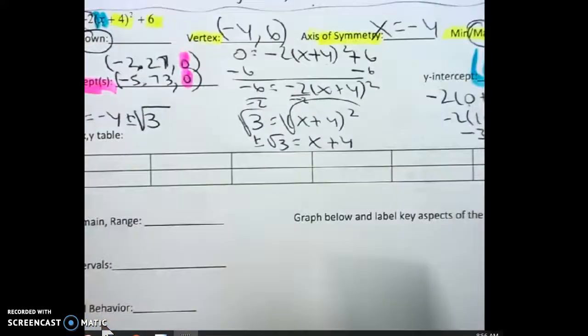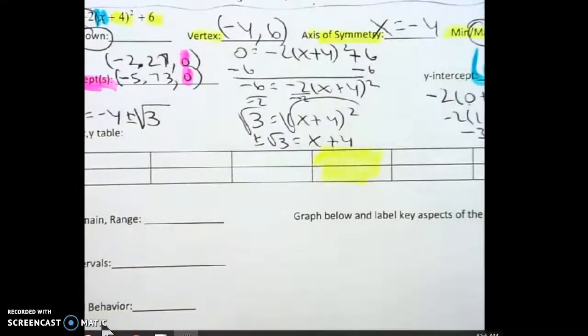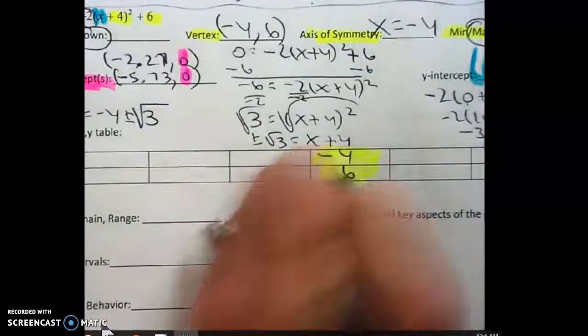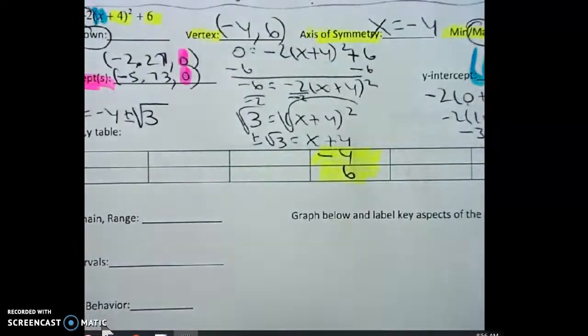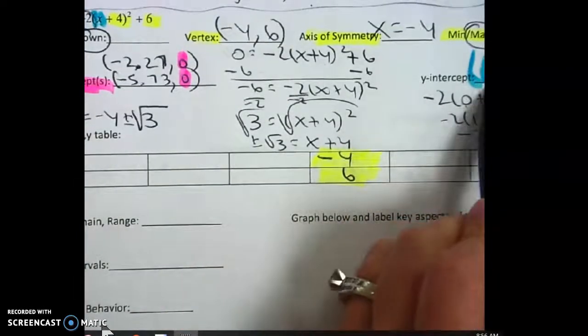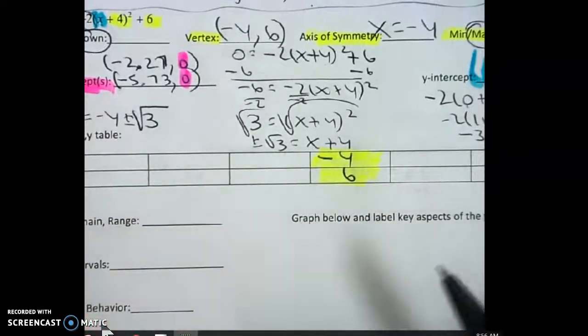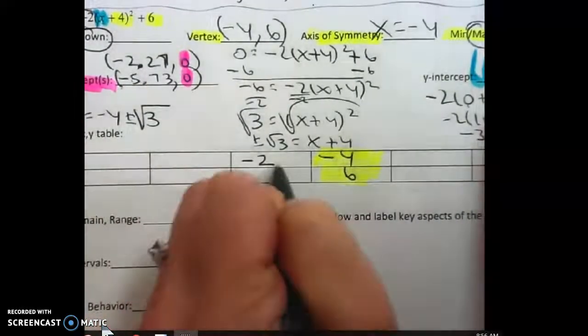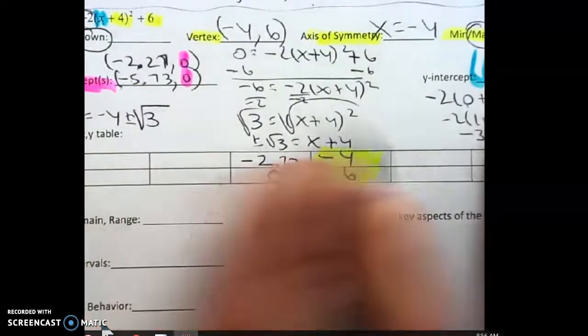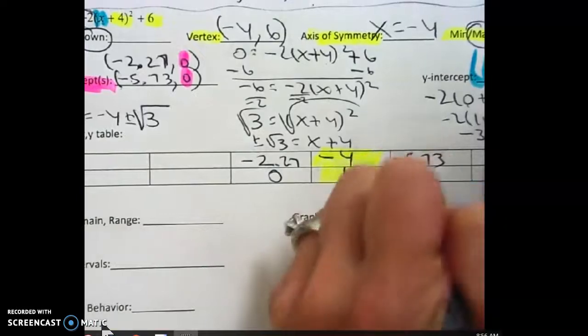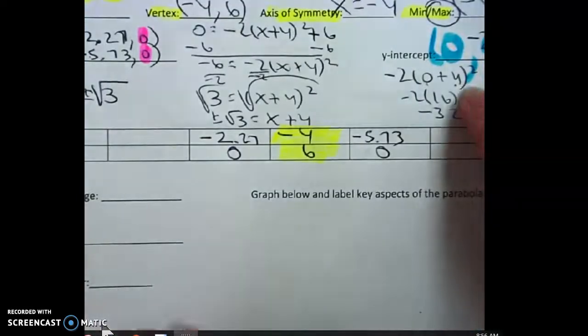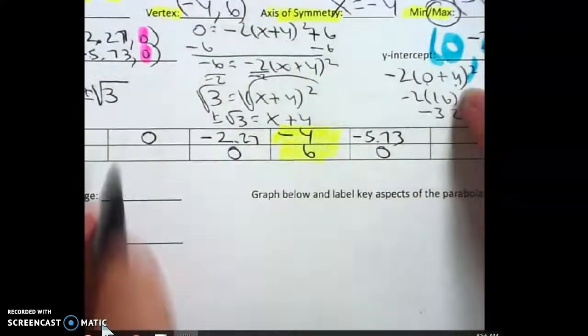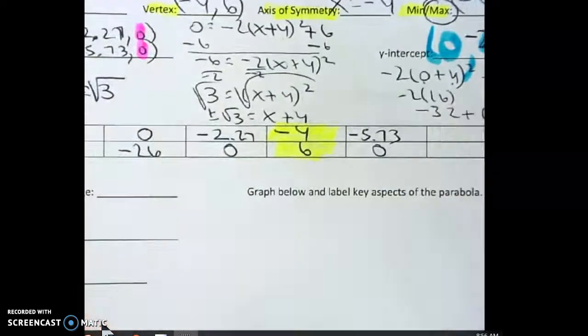Now I'm going to graph it by putting my vertex in the middle: (-4, 6). I want to make sure that I include my y-intercept and my x-intercepts. So now I've got to figure out, based on order, what goes where. That would be (-2.27, 0), (-5.73, 0), and then this one, (0, -26).